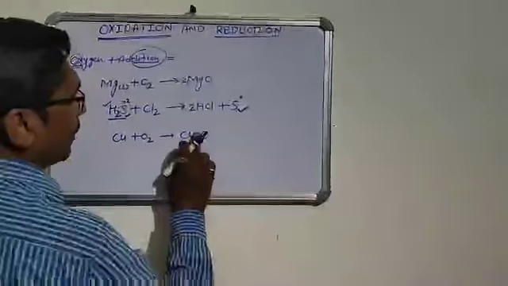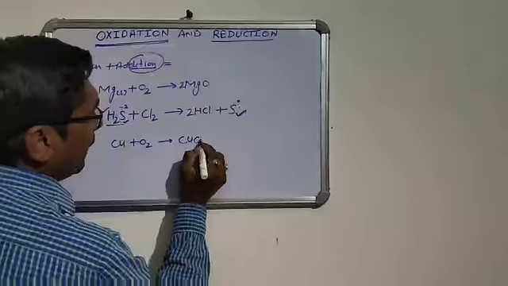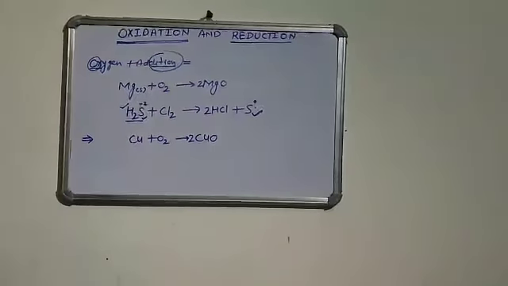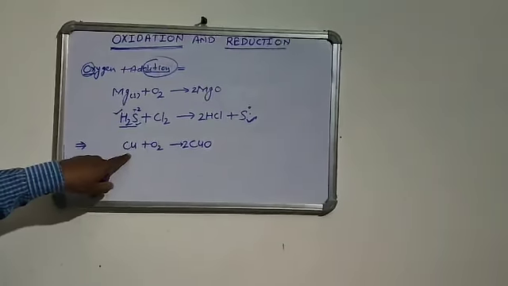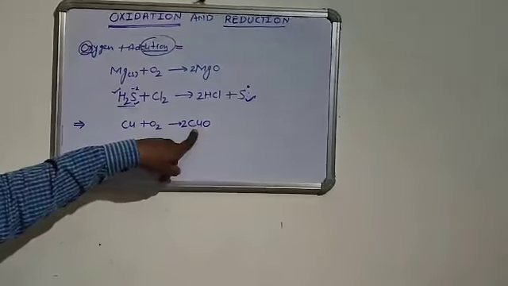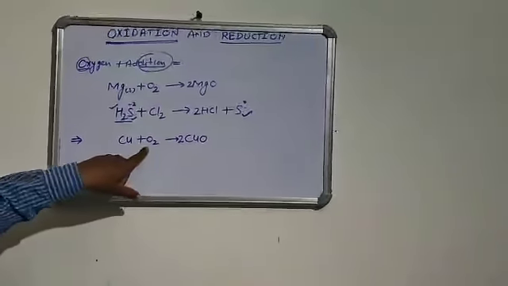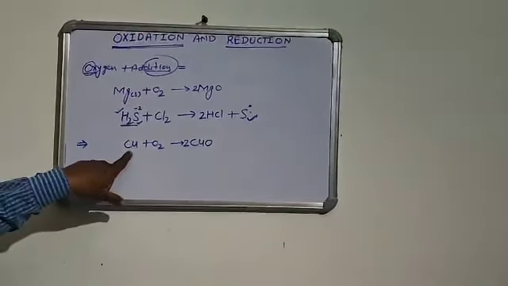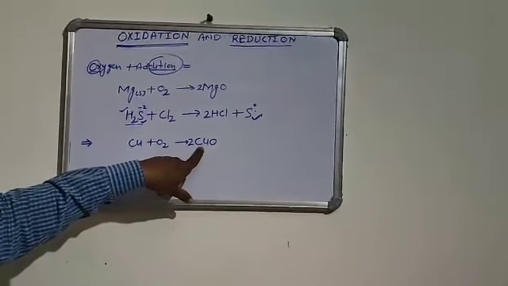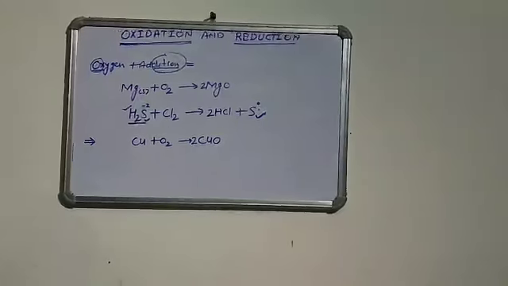Sorry, no, this is not right. This is the proper case. In this case, copper has +2 valence, and here copper has 0 valence. So increase in oxidation number is called oxidation, or in another way, the addition of oxygen with copper produces cupric oxide. It is called oxidation.